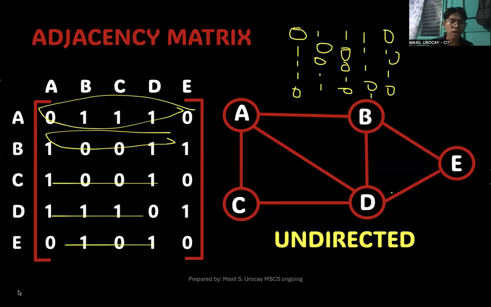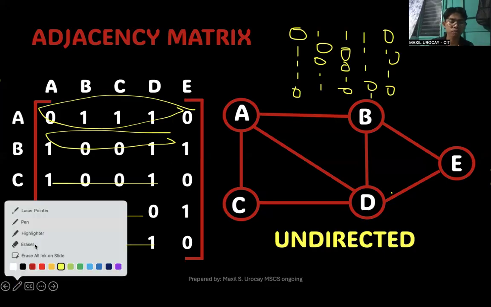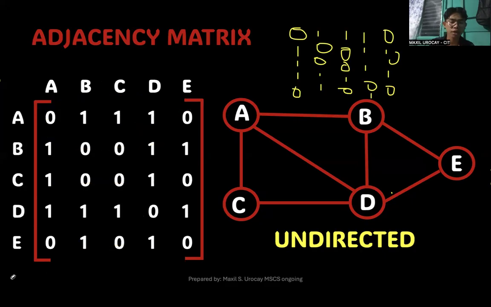So if you check that here in your adjacency matrix result, by comparing that, we already transposed it, and they are still the same formation. There are no changes: 0, 1, 1, 1, 0, 1, 0, 0, 1, 1, 1, 0, 0, 1, 0.